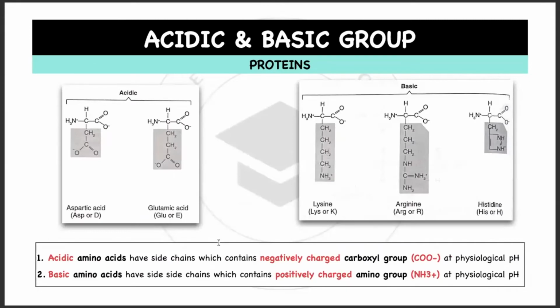And next you have the acidic and basic group. So these are electrically charged amino acids, and when they're electrically charged, they can either be acidic or basic. So acidic amino acids have side chains which contain negatively charged carboxyl group. So remember, acidic, carboxyl, negatively charged, because you can see here they're negatively charged at physiological pH. Now, basic amino acids have side chains which contain positively charged amino group.